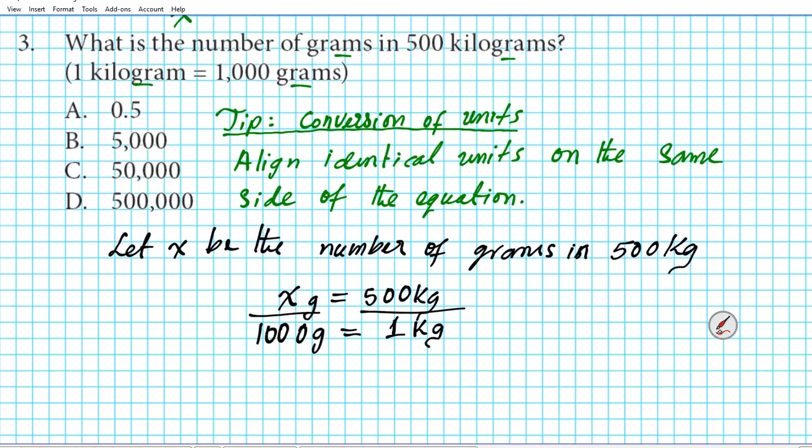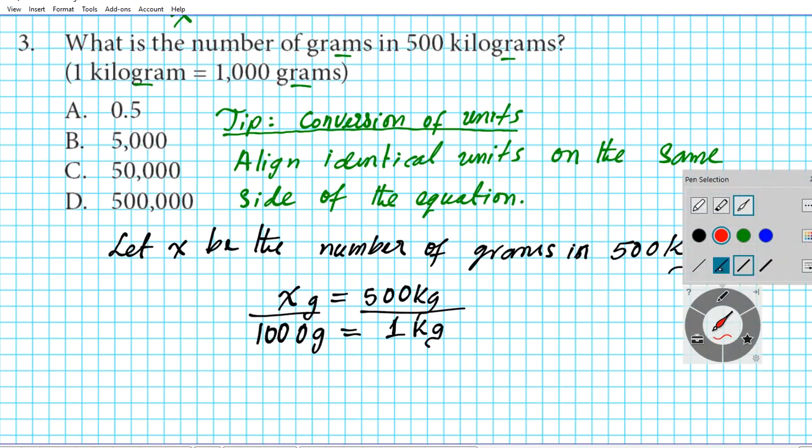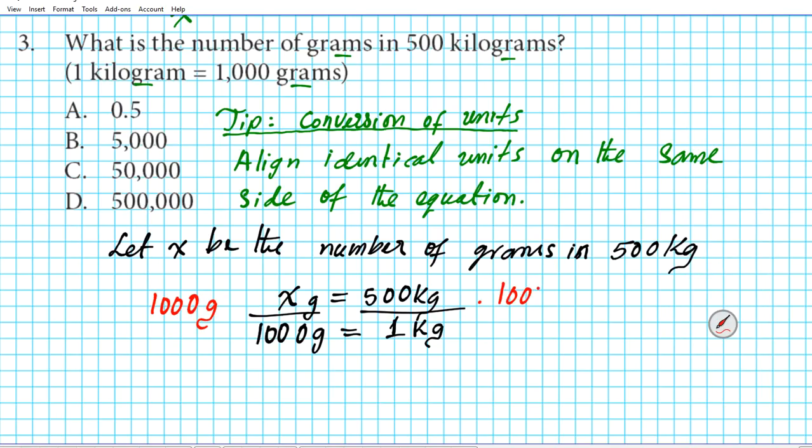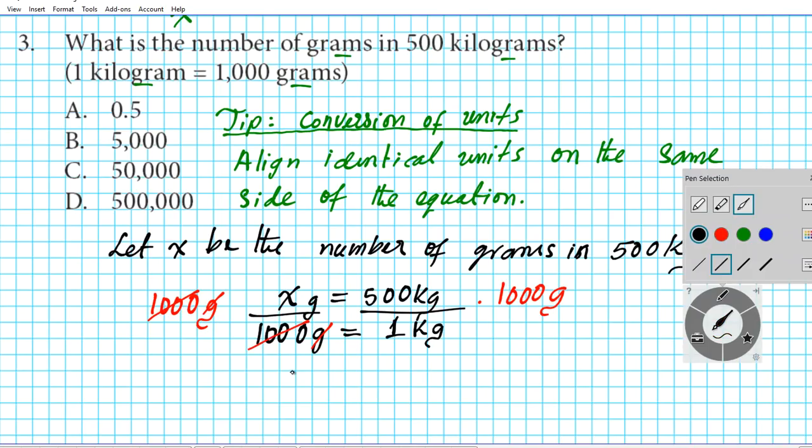Considering that this setup is now a proportion, which is a statement that two fractions are identical, we can multiply the left side by 1,000 grams and the right side by 1,000 grams. On the left side the grams cancel out, the 1,000 is gone, and we have what we're looking for isolated, which is excellent.